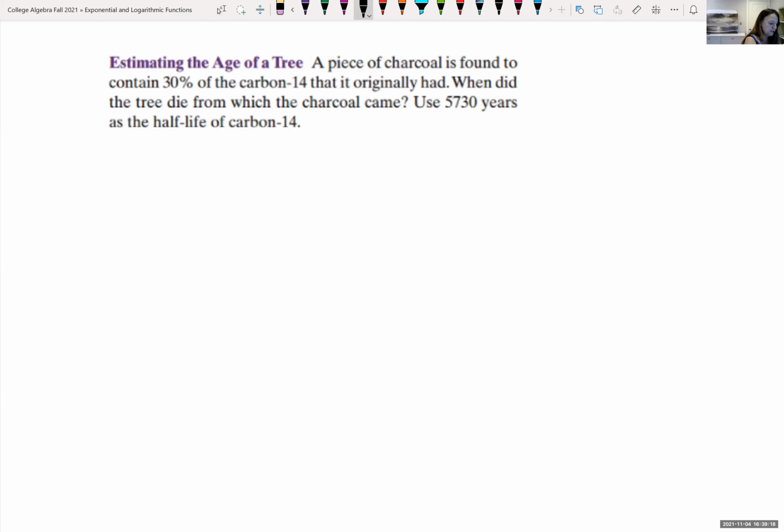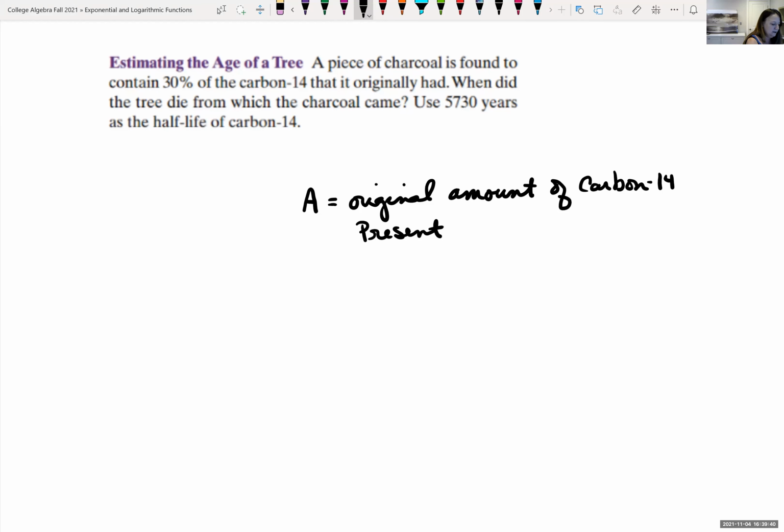So we have some original amount. Let's say A equals the original amount of carbon-14 present when the tree died.